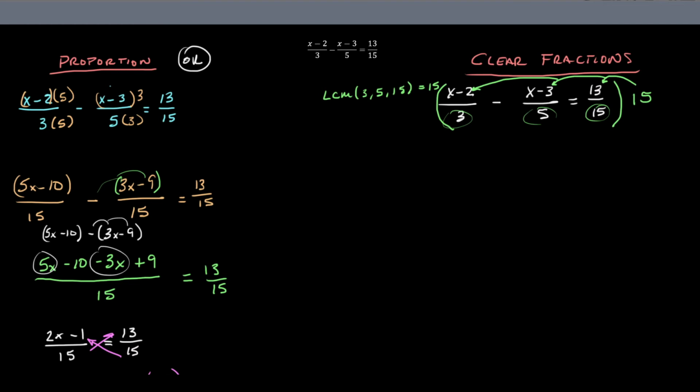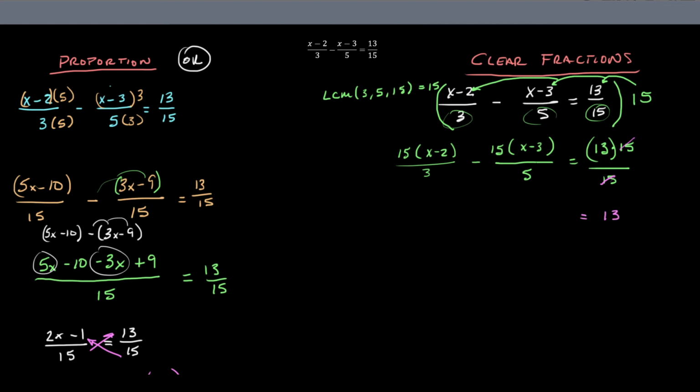So when I multiply this through, it's 15. I do not distribute it. Not yet. So I'm just multiplying through by 15 on the top. Then, if you notice, starting from the right-hand side, the 15s cancel, leaving me with 13.